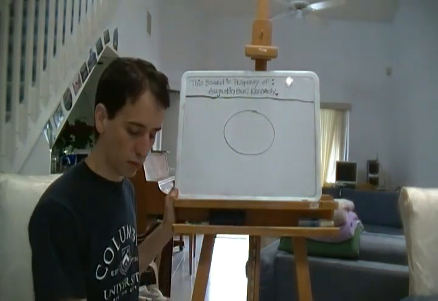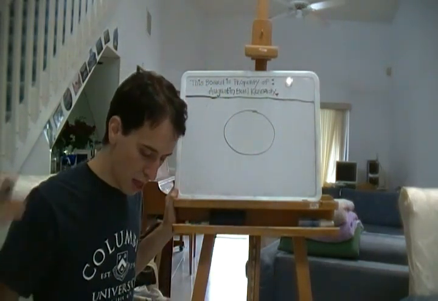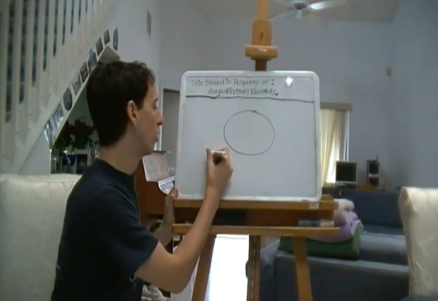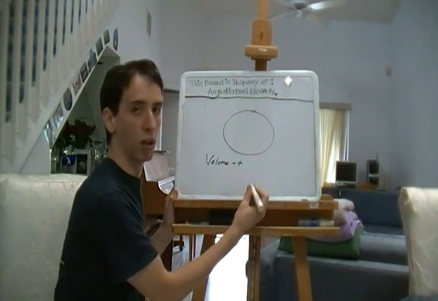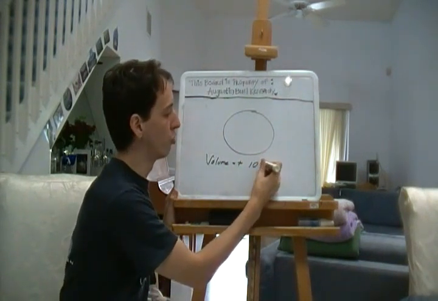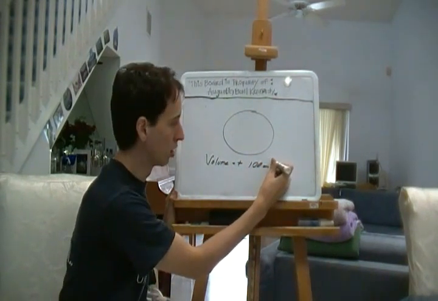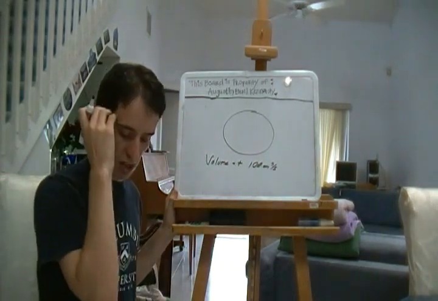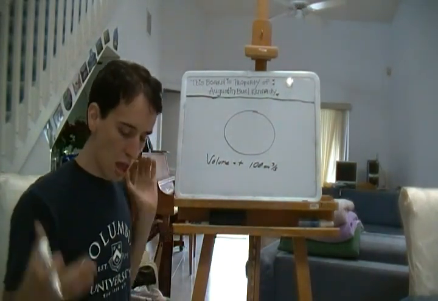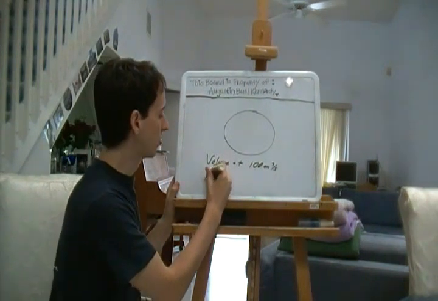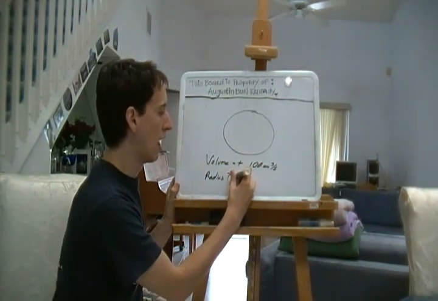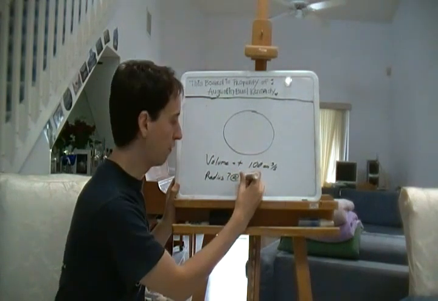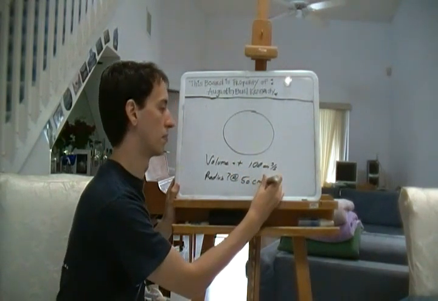Okay? A spherical balloon, and its volume, we know volume is increasing at 100 cubic centimeters a second. How fast is the radius expanding at 50 centimeters?